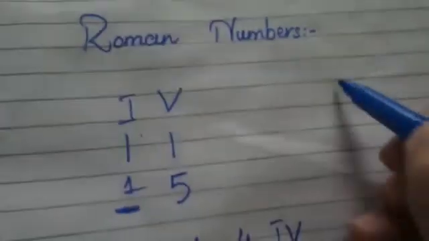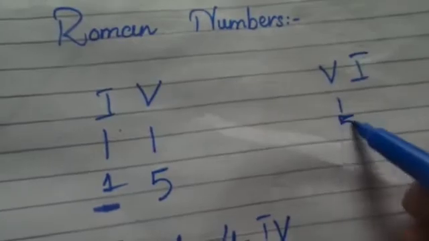IV. I for 1, V for 5. This is not 15. We read rule number 1: a smaller value symbol before a greater value. When a smaller value comes before a greater value, you have to subtract smaller from greater. 5 minus 1, 4. That is IV. And for VI, V means 5, I means 1. This is not 51.